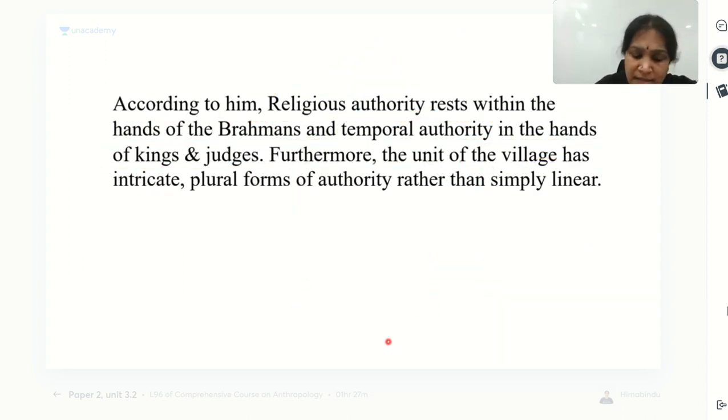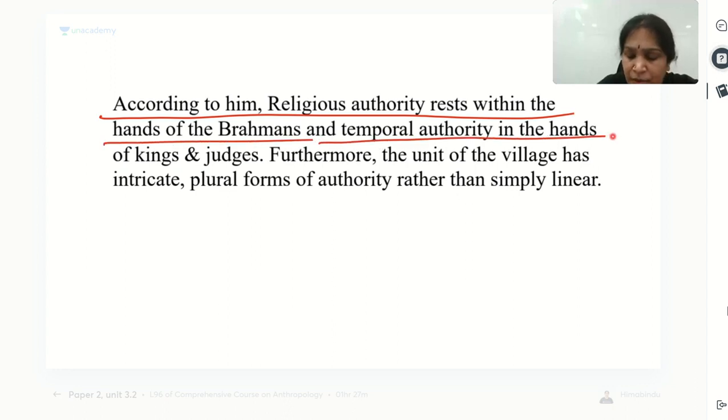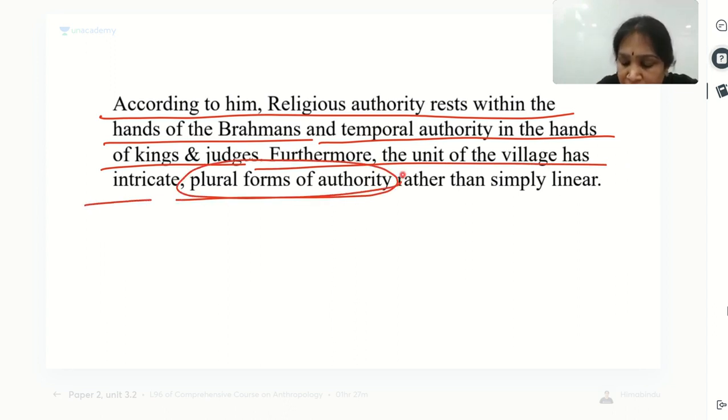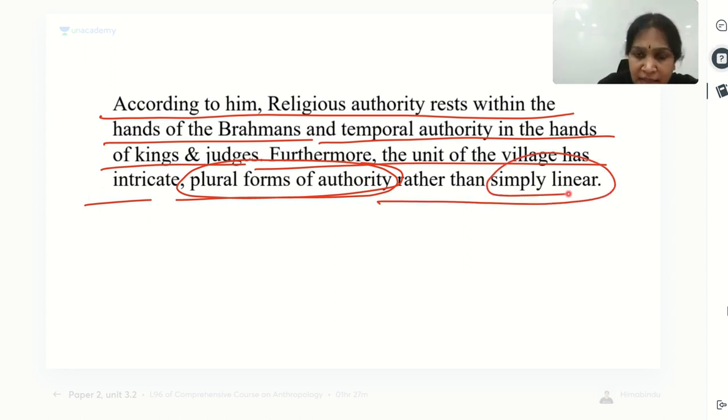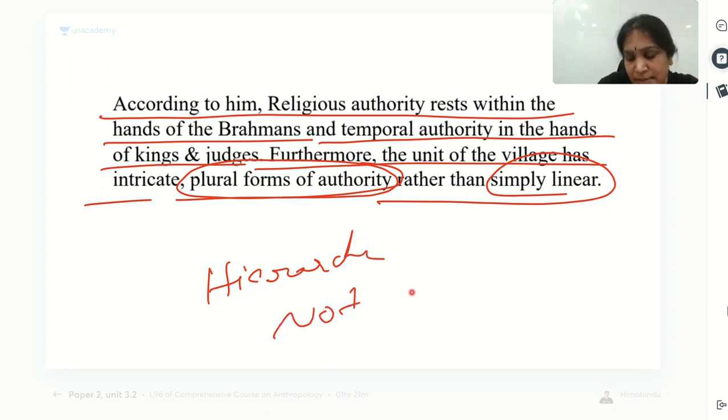Okay. So look at this. According to him, religious authority rests within the hands of Brahmins and temporal authority in the hands of kings and judges. Furthermore, the unit of village has intricate plural forms of authority, multiple forms of authority rather than simply linear. Therefore, caste is hierarchy, but not stratification, according to Dumont.